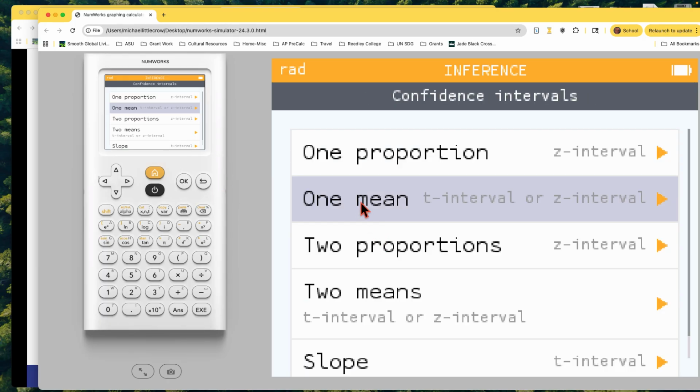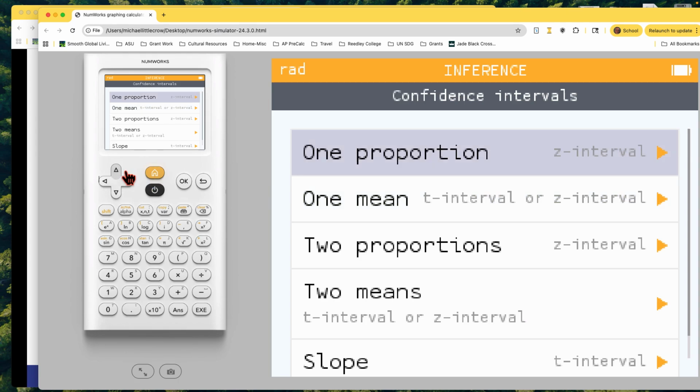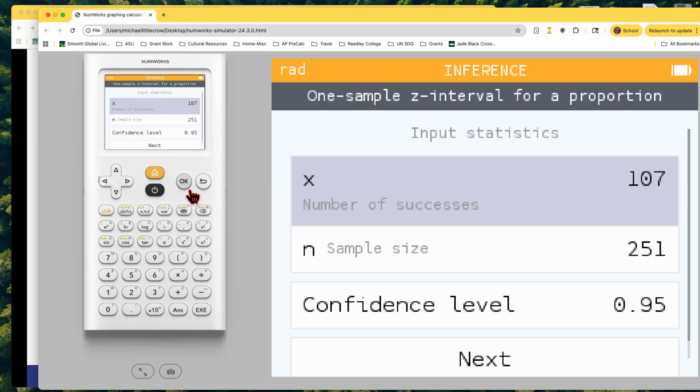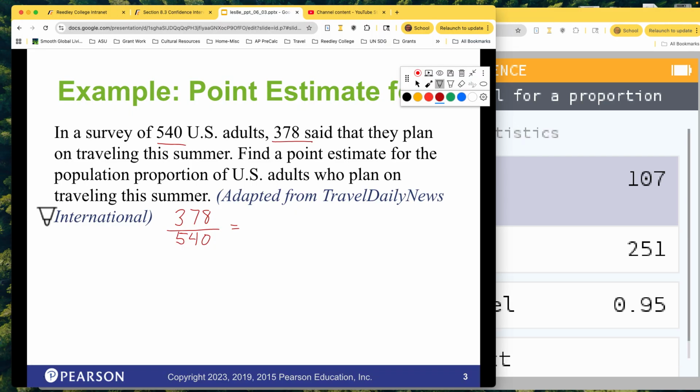So we're going to come back, and now instead of doing one mean, we're going to do one proportion. And notice it's going to use the z interval. So when we're doing one proportion, it will be a z-interval. Here, instead of telling what the proportion is, we tell the number of x, which is oftentimes what we're given because that comes from the sample, 378.